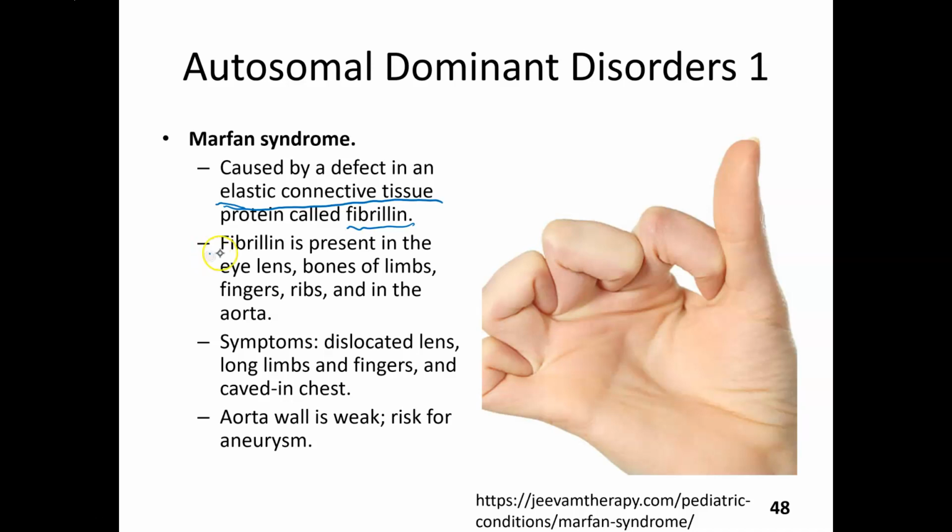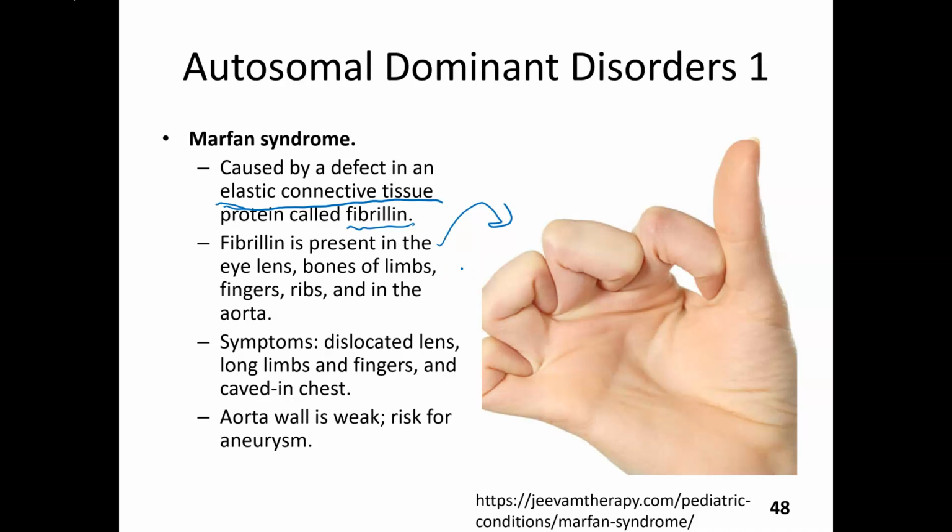People that have this disorder tend to have extreme flexibility. That's one of the side effects of this disorder. And over here is someone showing how they can bend their fingers. That's very atypical. You can try it, but don't hurt yourself because it's very atypical.